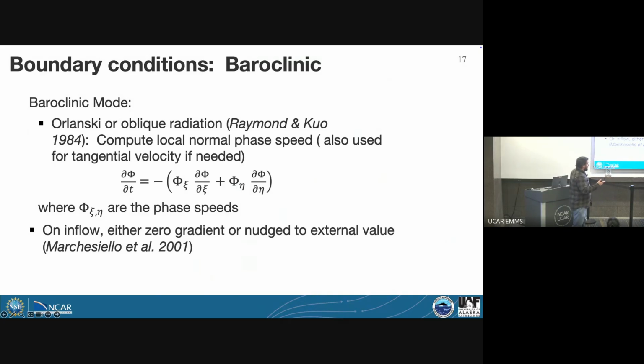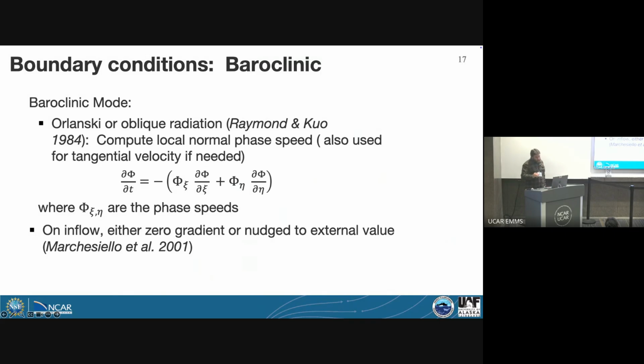Then the assumption is that those phase speeds are slowly changing compared to the field you diagnose them from. So you can use this equation to extrapolate your inside information to the boundary. That has worked relatively well when you have a passive boundary. Essentially it lets material go out of the model relatively cleanly, without reflection.